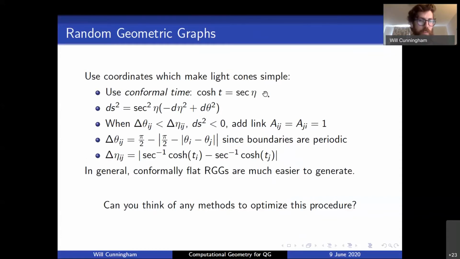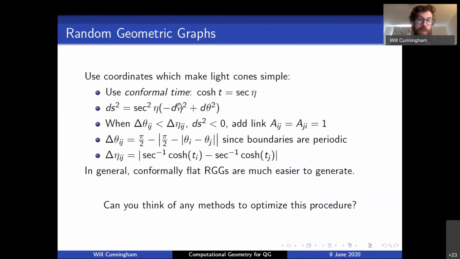The reason this is important is because in this coordinate system, the light cones are going to be straight lines. So we're really just looking at overlapping diamonds. Very simple. The metric then is factorized in this form, where the conformal factor, secant squared eta, is written out front here, and the thing in the parentheses is just a flat metric.